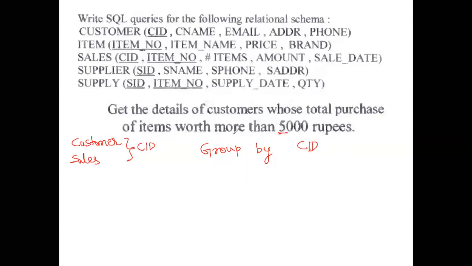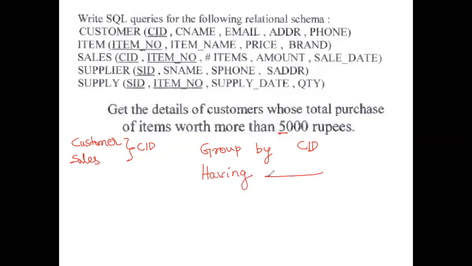Whenever we are applying a condition on a group, here we have to apply the condition on a group but not on an individual tuple. In SQL, whenever we want to apply a condition on an entire group, then we have to include the having clause.